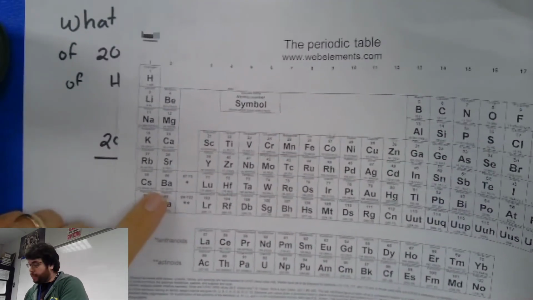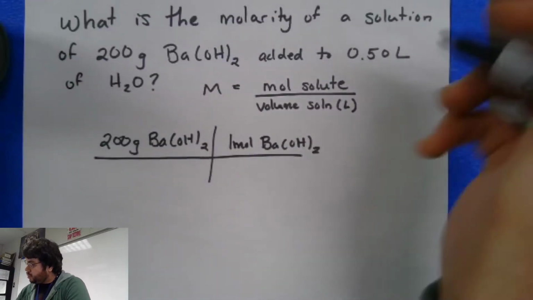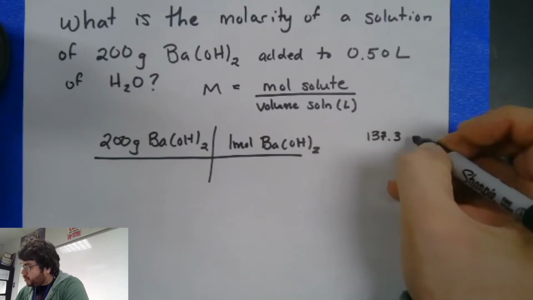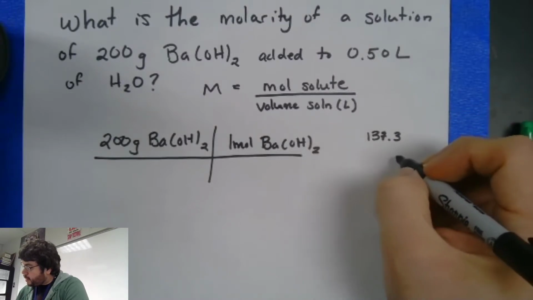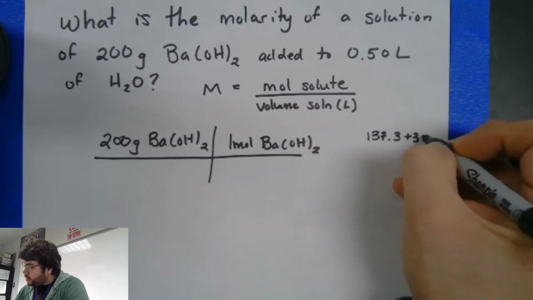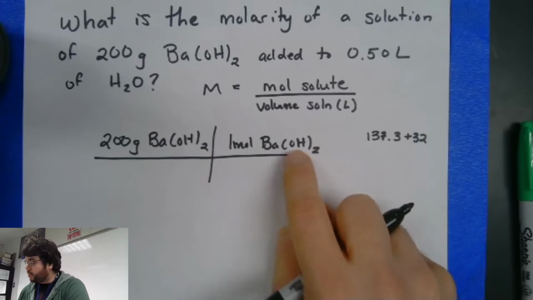Barium's down there. Barium has a mass of 137.3. So for everyone's benefit, 137.3 for barium. And then we've got 2 oxygens, so that would be plus 32, because 2 oxygens, 16 molar mass for oxygen, so times 2, 32.